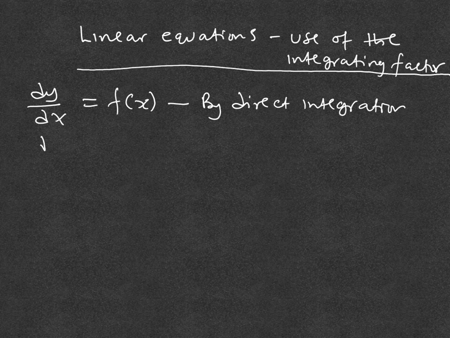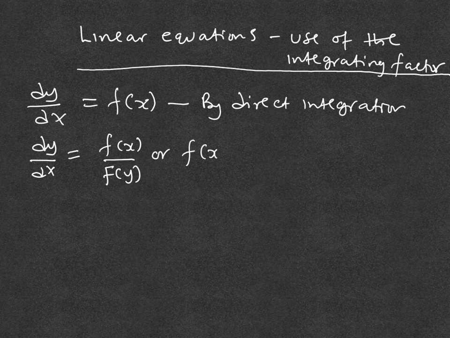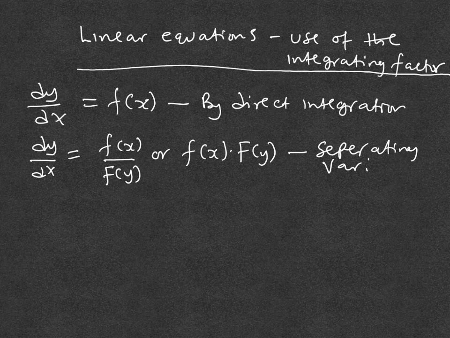Then we talked about equations of the form dy by dx is a function of x over a function of y, or it is a product of the two, function of x times function of y. And we say that this is by separating variables.